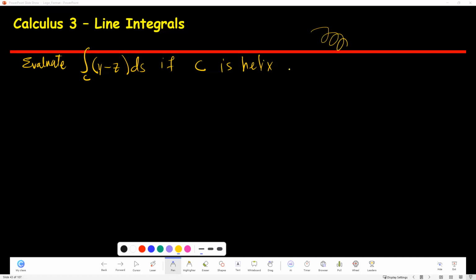Okay, C is a helix, r equals 3 cos t, 3 sine t. A helix needs 3 dimensions, so I have 3 dimensions. That is my x, that is my y, that is my z. It's also giving the limit.